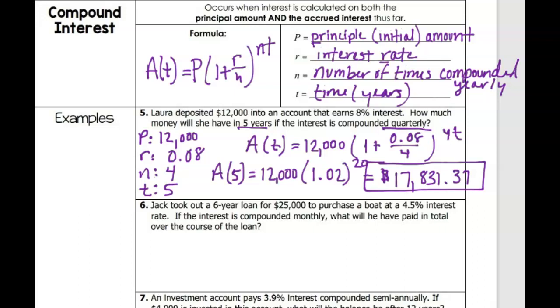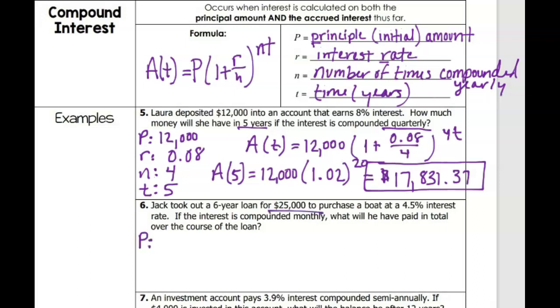And they'll say, okay, well, you're going to pay us for that privilege of using our money. So that's interest, right? So we want to know the interest is compounded monthly, and we want to know what he's going to have to pay in total over the course of the 6-year loan.